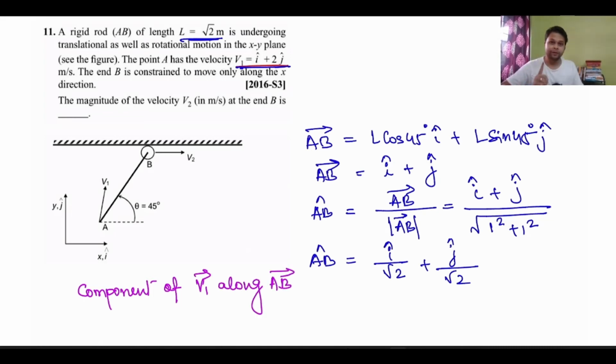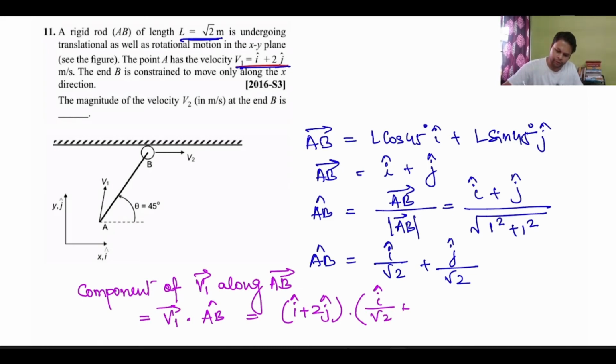This is the most important point: the component of V1 along vector AB can be given by the dot product of V1 and a unit vector along AB. So this is equal to V1 dot unit vector AB. So what is V1? V1 is already I know, I cap plus 2 j cap. Dot product with the unit vector of AB, which is I cap by root 2 plus j cap by root 2, right?